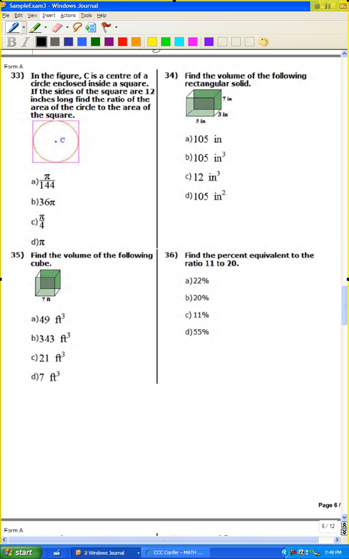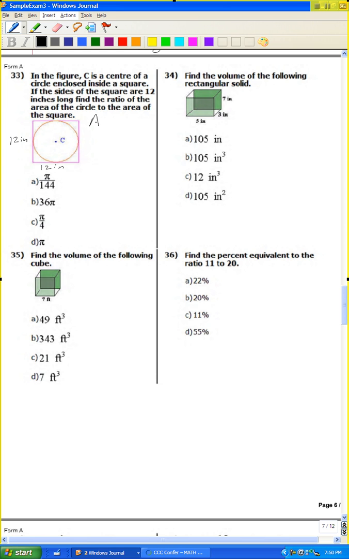In the figure, C is the center of the circle enclosed inside a square. The sides of the square are 12 inches. Find the ratio of the area of the circle to the area of the square.